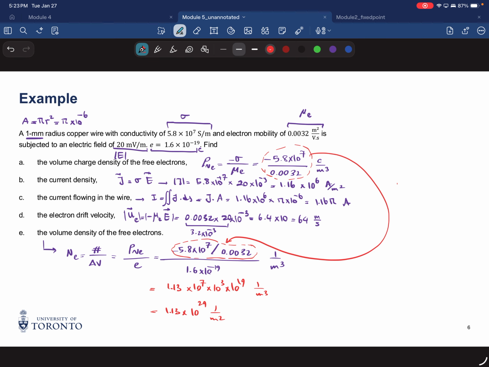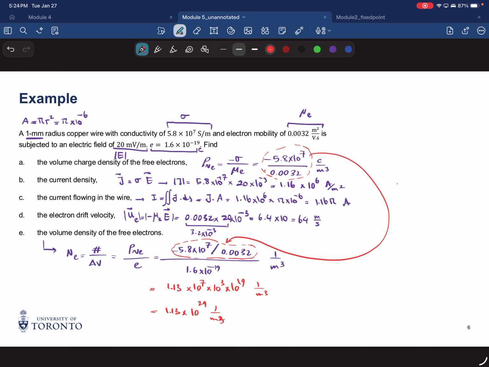So copper in every meter cube, okay, in every unit volume of copper, we have 1.13 multiplied by 10 to the power of 29 electrons.